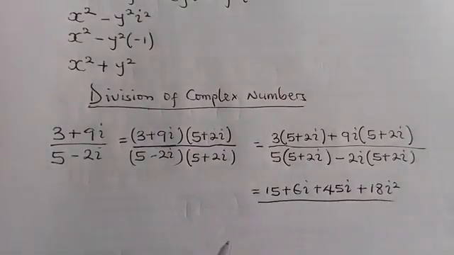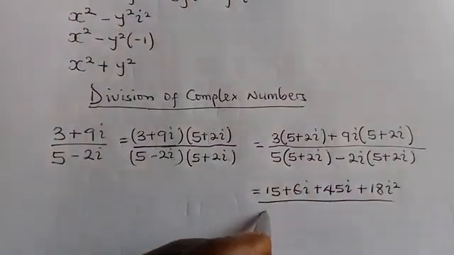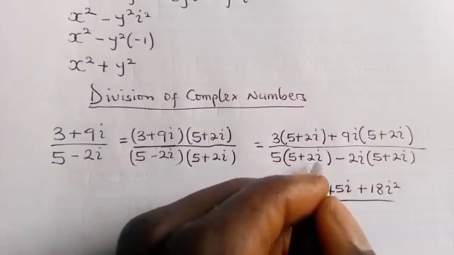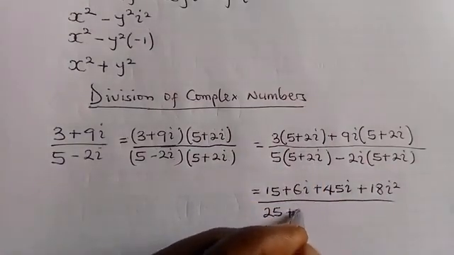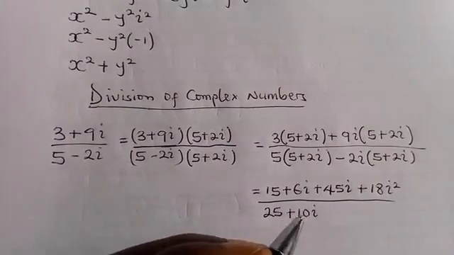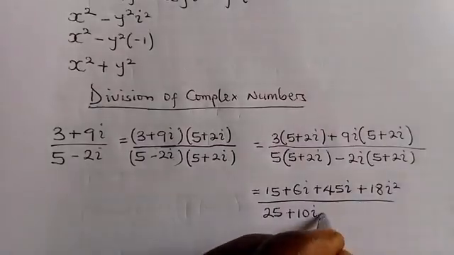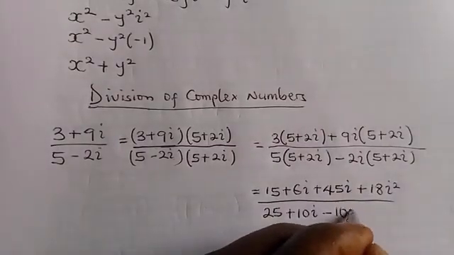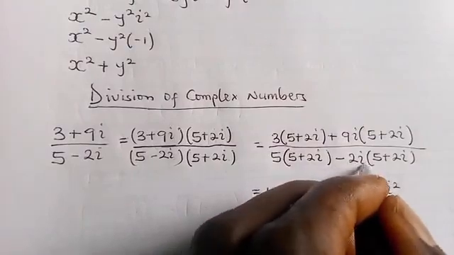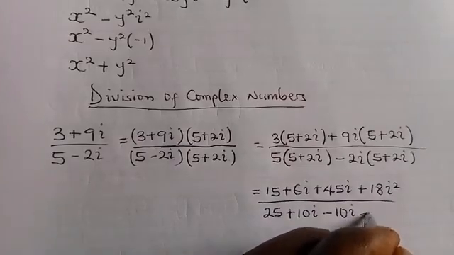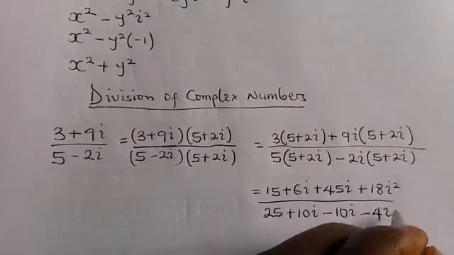All divided by 5 times 5, we will have 25. 5 times 2i, we are going to have 10i. Then minus 2i times 5, we are going to have minus 10i. Minus 2i times plus 2i, we are going to have minus 4i squared.